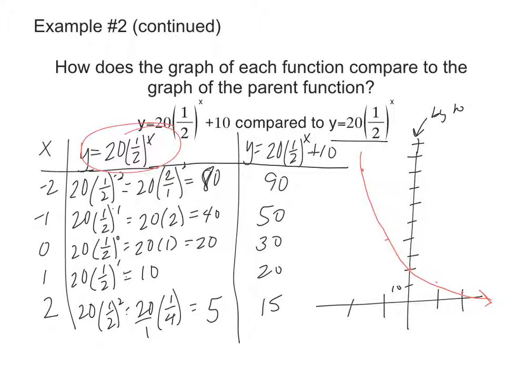All right, the next one, however, in blue, the first one's going to be 90, and the second one is going to be 50, so 10, 20. So here, 0 is 30, 1 is 20, and 2 is 15.